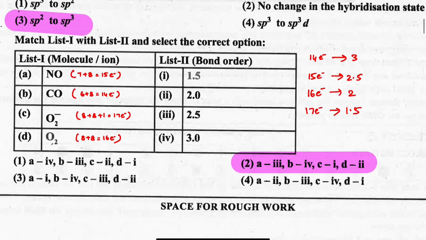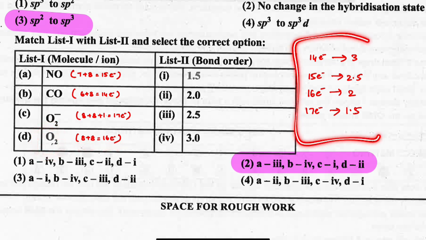See here, nitrogen has 7 electrons, oxygen has 8 electrons, totally 15 electrons. Same way for carbon: carbon has 6 electrons, oxygen 8, total 14. And for O2 minus, one oxygen is 8, the second oxygen is 8, and the minus sign means you have to add 1, so total 17 electrons. And O2 is 8 plus 8, totally 16 electrons.